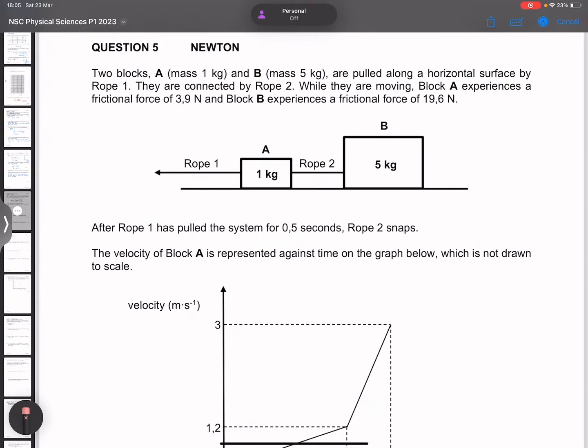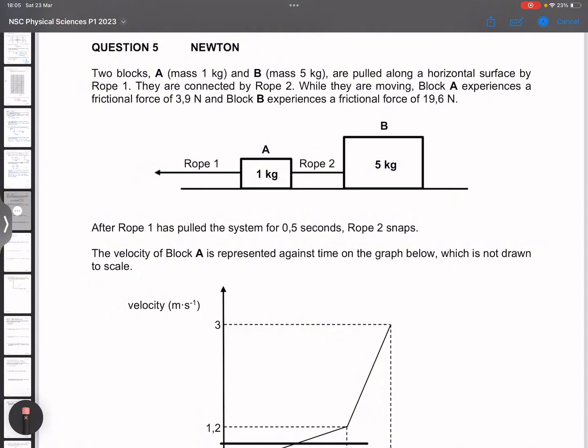Right, so question 5 says we've got 2 blocks, which is mass 1 kg, which is A, and B, mass of 5 kgs that are pulled along a horizontal surface by rope 1. They are connected by rope 2. Okay, while they are moving, block A experiences a frictional force.